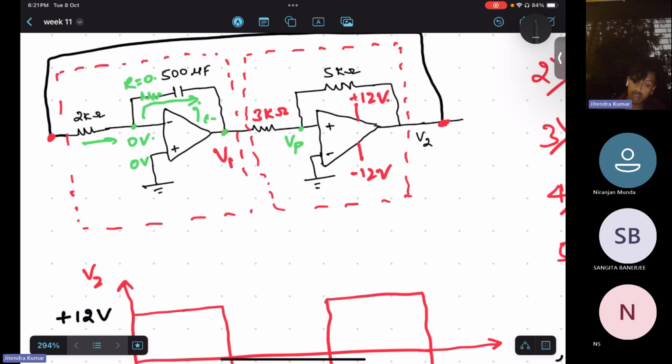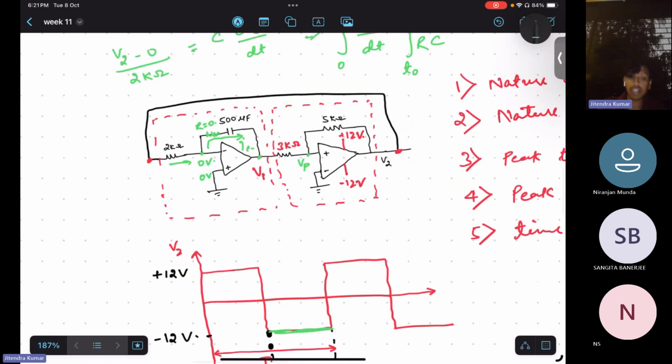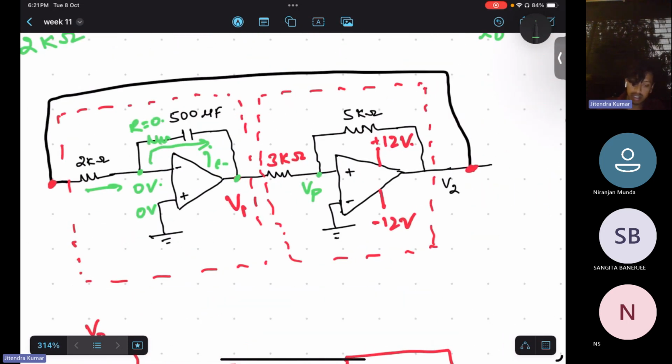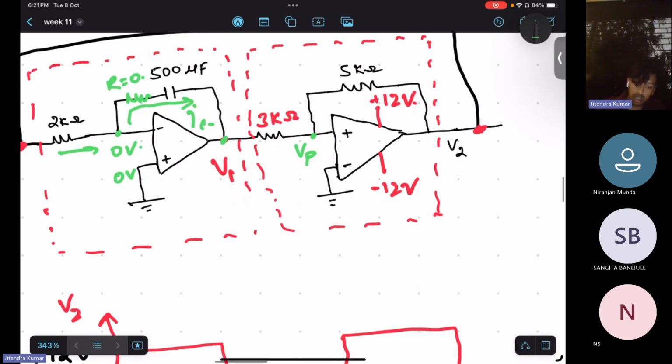Vp is equal to V1 into 5 kilo ohm plus V2 into 3 kilo ohm divided by 3 plus 5 kilo ohm. Yes, that voltage division rule we will apply here. I hope everybody is getting it, right, Sangeeta? Yes. Okay, great. So Vp is equal to V1 into 5 kilo ohm plus V2 into 3 kilo ohm divided by 8 kilo ohm, 5 plus 3.